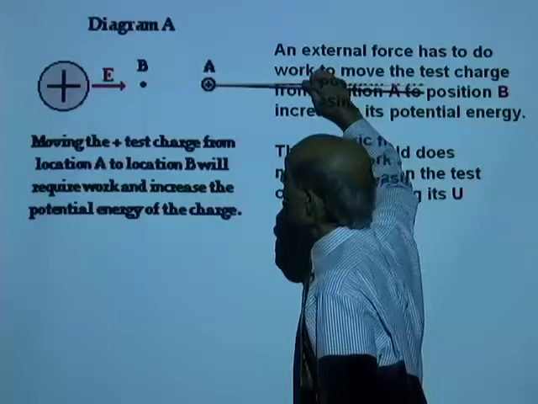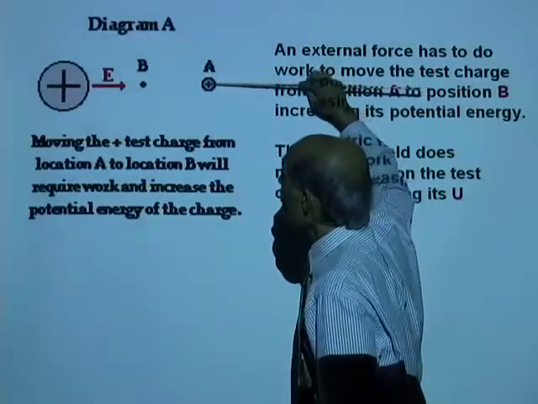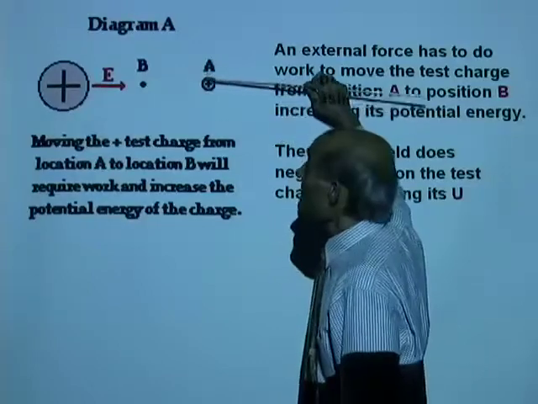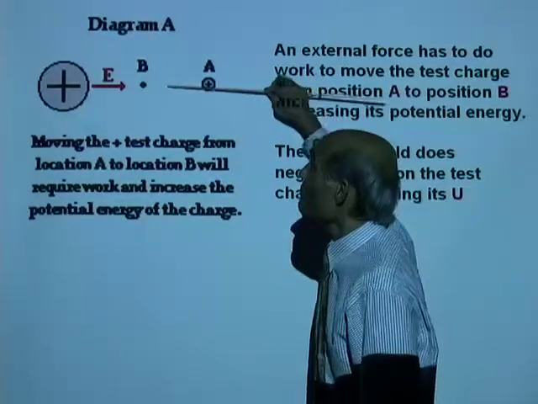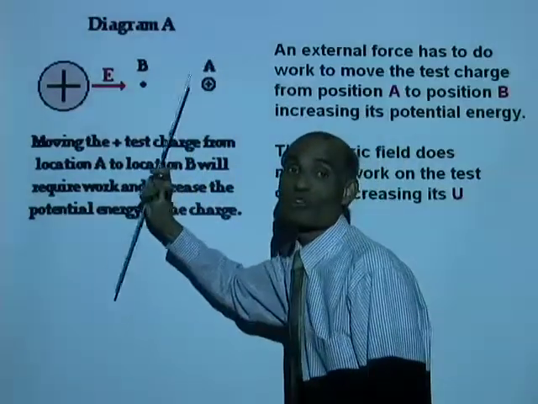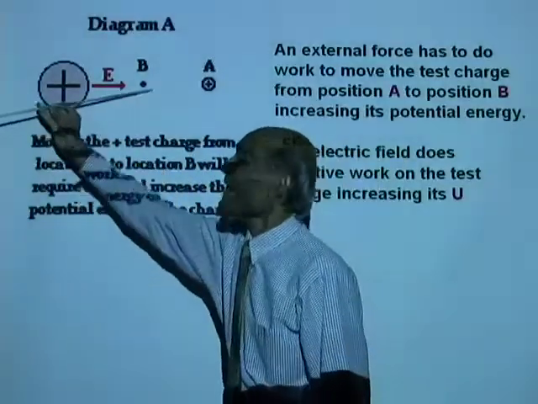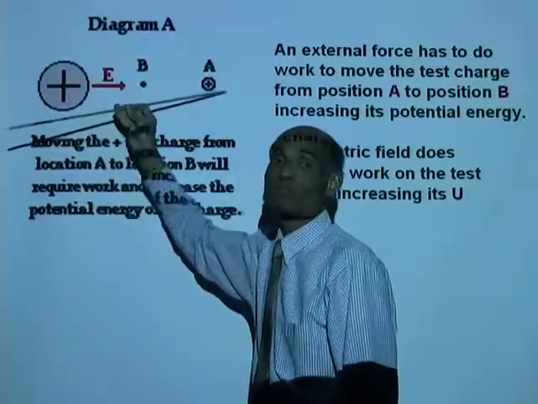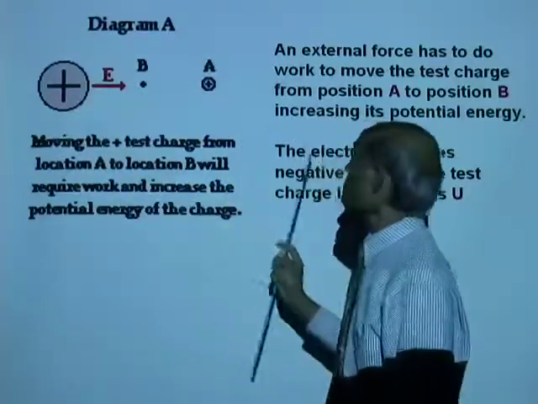When the external force moves the object from A to B, you can see the external force is directed from A to B. If that work done is positive, then the work done by the electric field will be negative, because the electric field is directed from B to A.